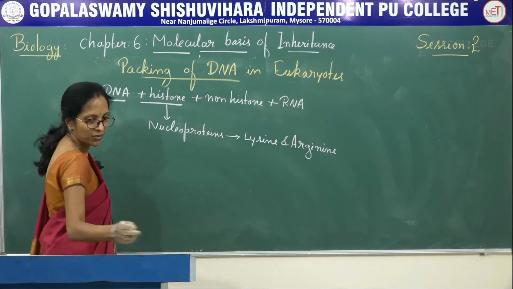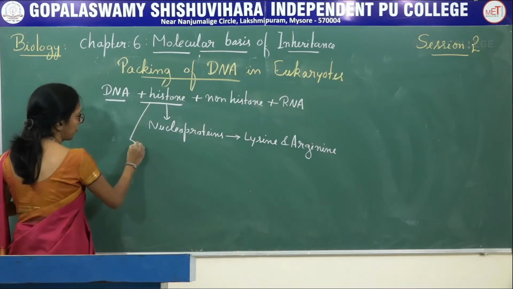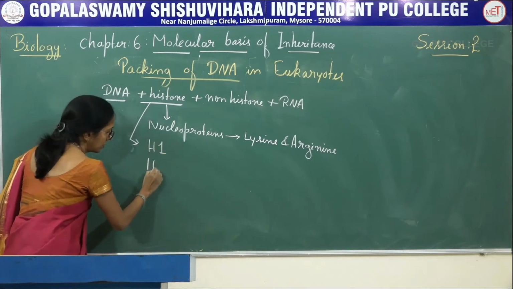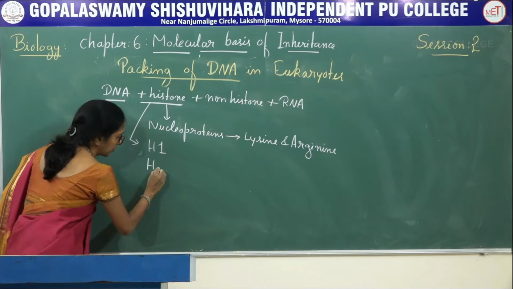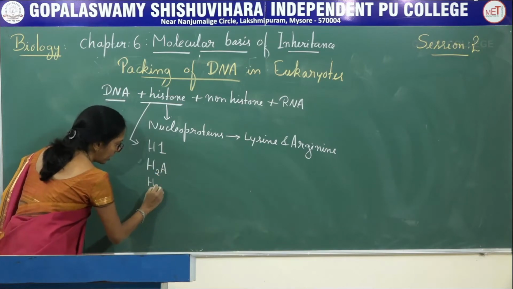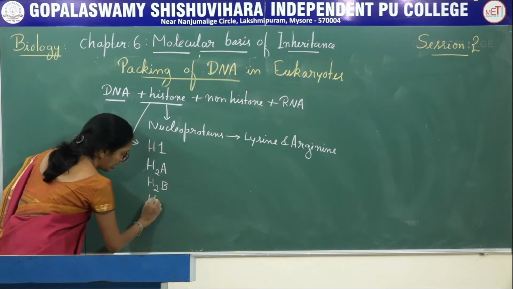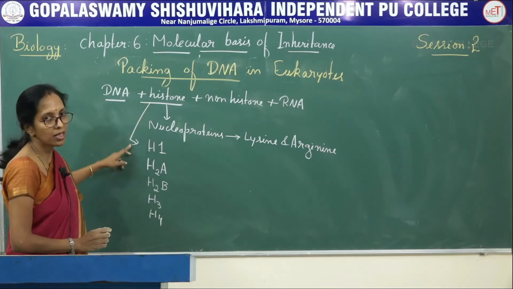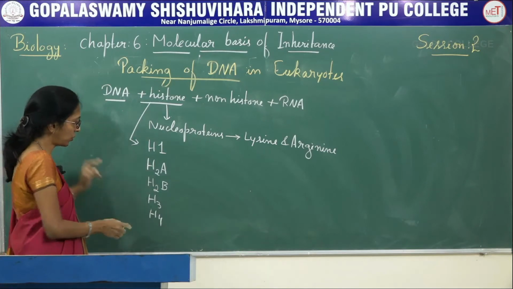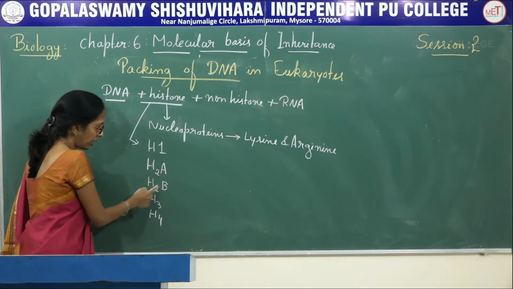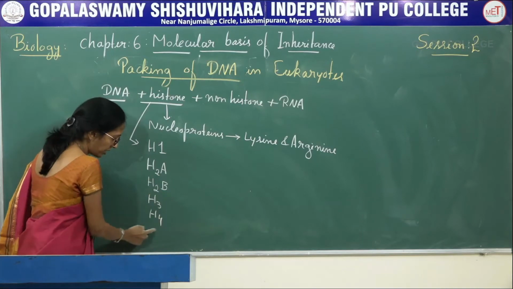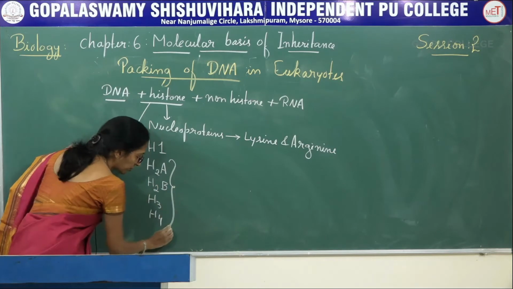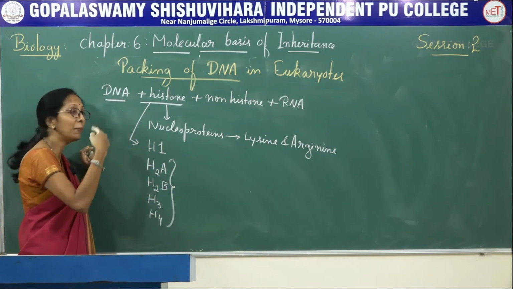Now, these histones are of 5 types: H1, H2A, H2B, H3 and H4. How many types of histones are there? There are 5 types of histone: H1, H2A, H2B, H3, H4. Out of these 5, these 4 occur in pairs.